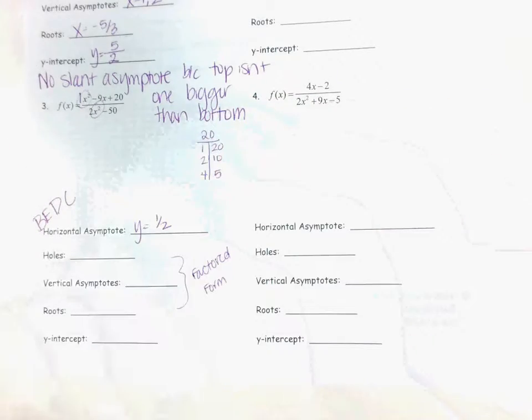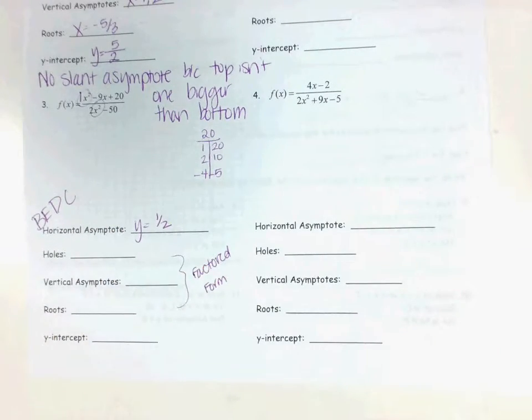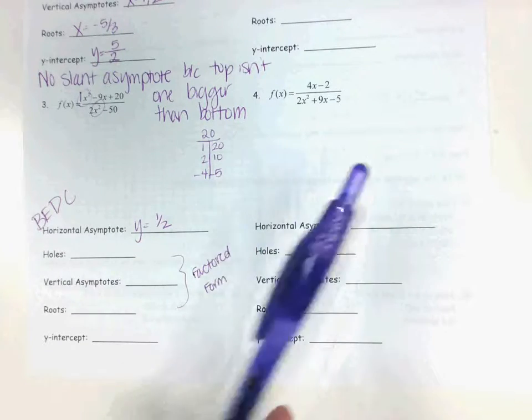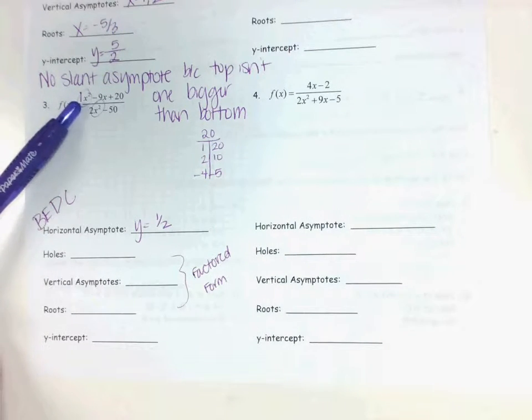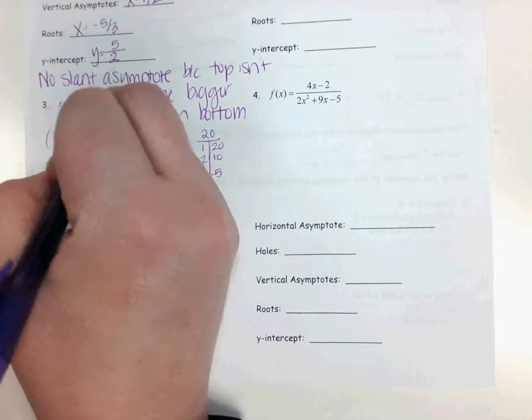Okay, all of those are right, but then I need them to add to 9 in the middle. 5 and 4, but I need negative 9. And negative 5, good. So both negatives. Now, remember what I said. That's the answer if your x squared doesn't have a number in front. It's a regular x squared, so I can shortcut x minus 4, x minus 5.